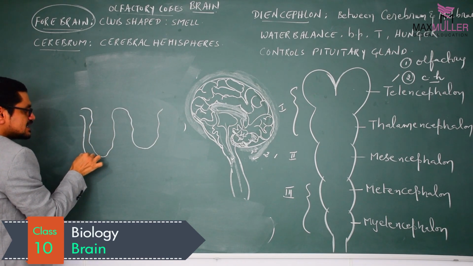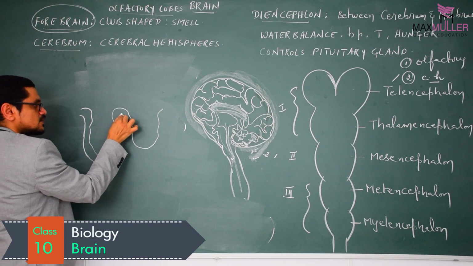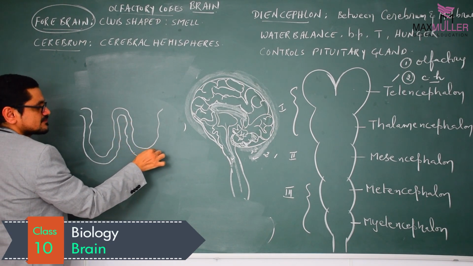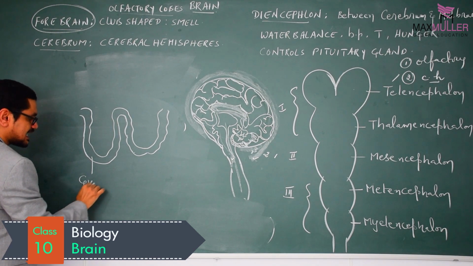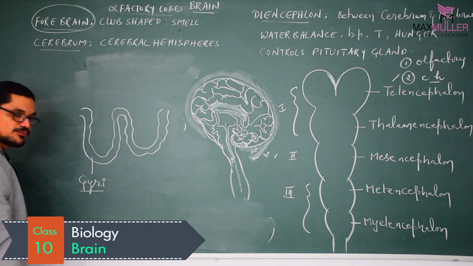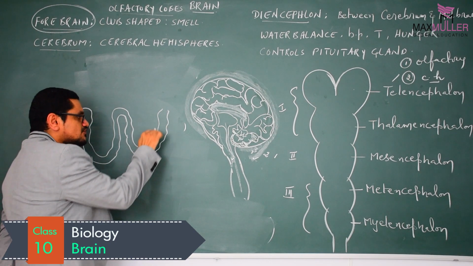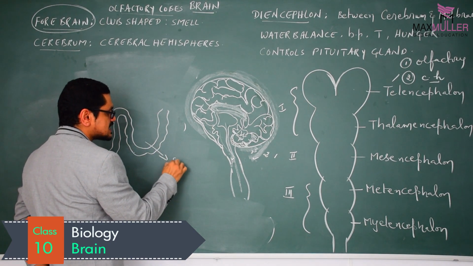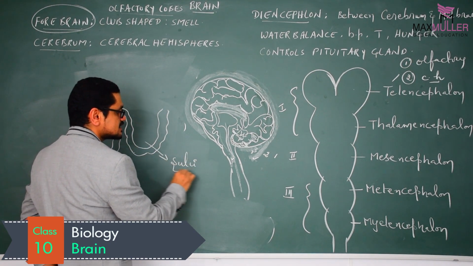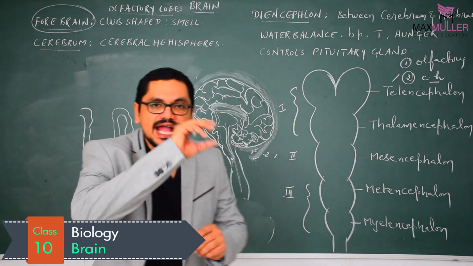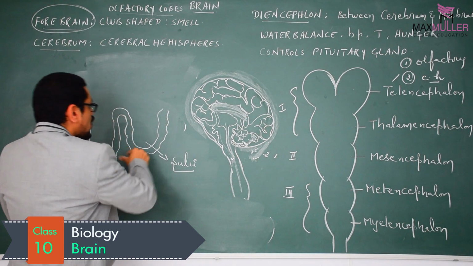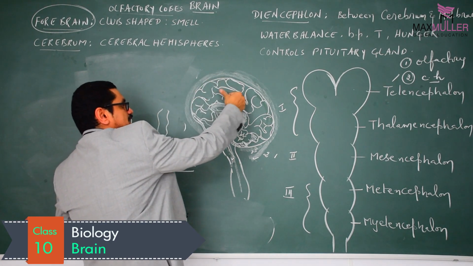This rope-like structure is called a gyrus, singular, gyri, plural. And here you can see the foldings. These foldings are called sulci, S-U-L-C-I, sulcus singular, sulci plural. So gyri and sulci are the foldings which are seen in the cerebral hemisphere.